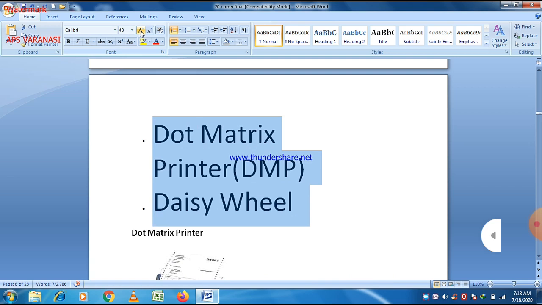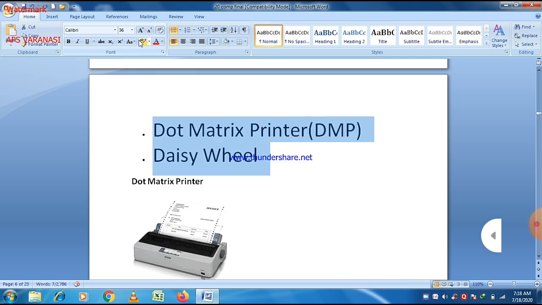The diagram is given here. You can easily see that it looks like the diagram given on the screen. This is an example of a dot matrix printer. They generate a result on paper in the form of dots.